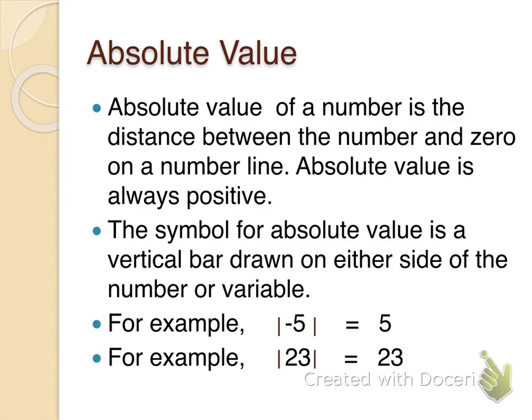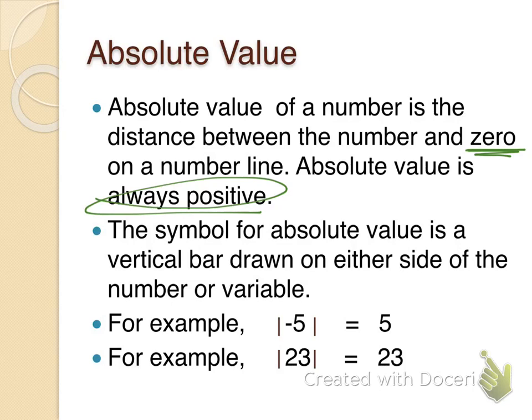Last thing for today is absolute value. Absolute value of a number is the distance between the number and 0 on a number line. Absolute value is always positive. Always, always, always positive. The symbol for absolute value is a vertical bar drawn on either side of the number or variable. So for example, the absolute value of -5.